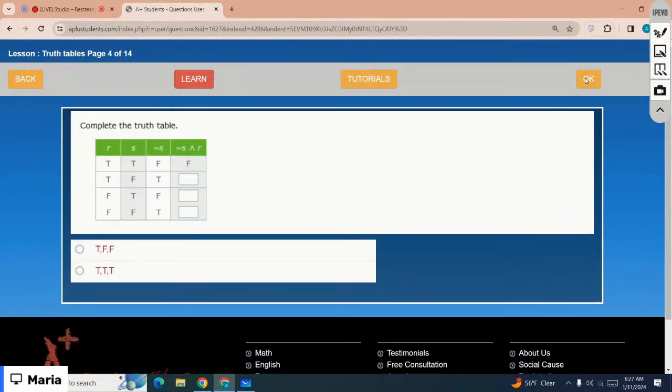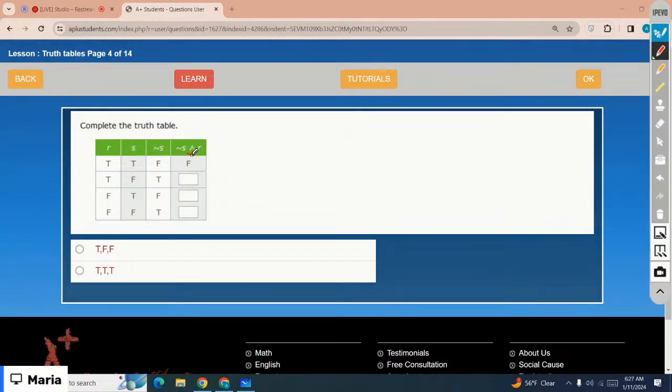The next one is complete the truth table. So that is and between the negation of S and R, right? When you are looking at the and condition, it is true only if both the conditions are true, right? So true and true, this is true. False and false, that is false. False and true, that is false.